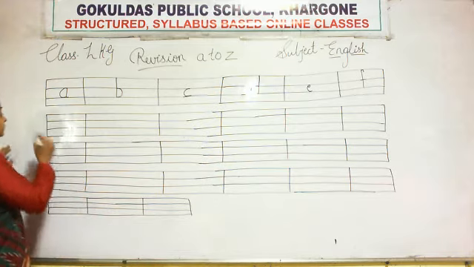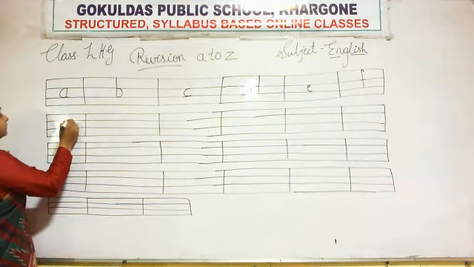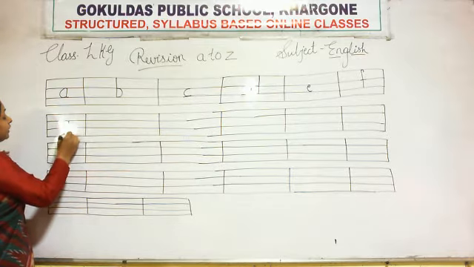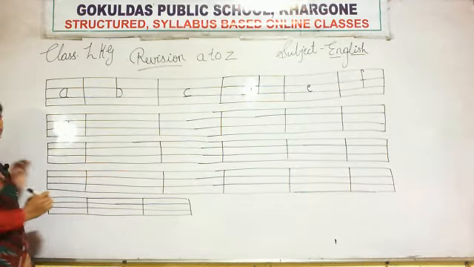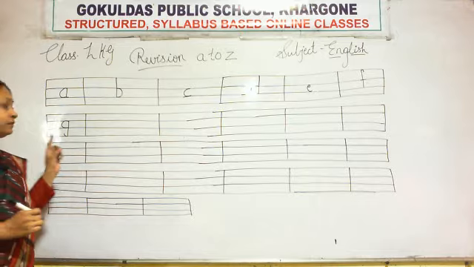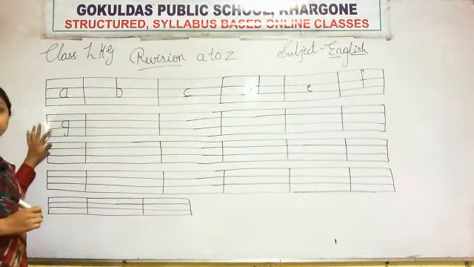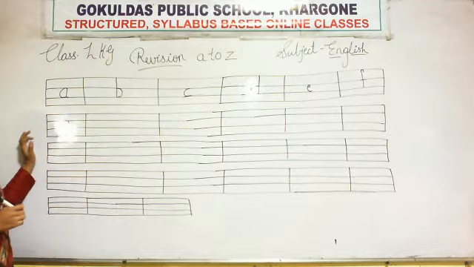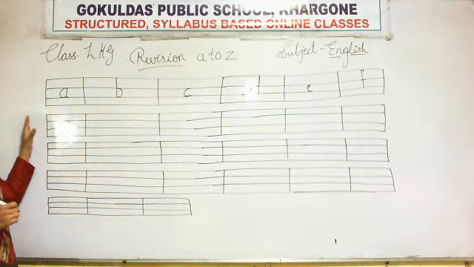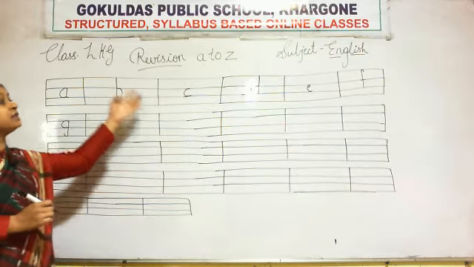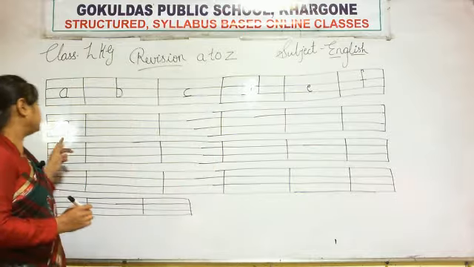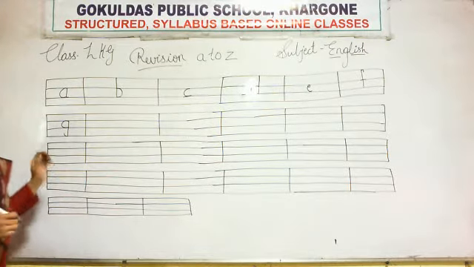G. How will you write g? First you have to make c between two lines, then a standing line, and then a curve. Which letter is this? Small letter g. The lowercase letter g. Done? A, B, C, D, E, F, G. Okay.